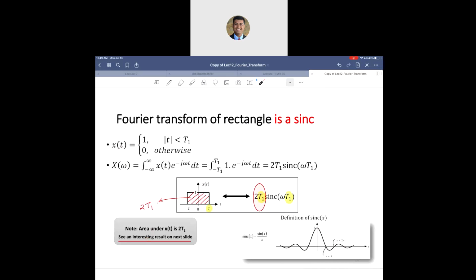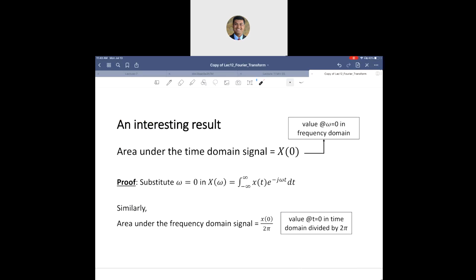Now the interesting result is this. The area under the time domain signal x of t is capital X of 0. What is capital X of 0? The value of the signal X in the frequency domain at omega equals 0. So that's like the DC term.